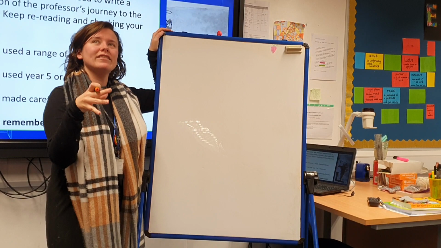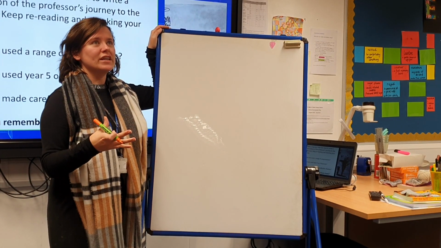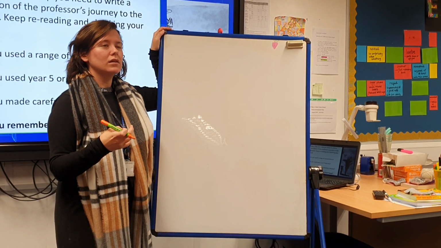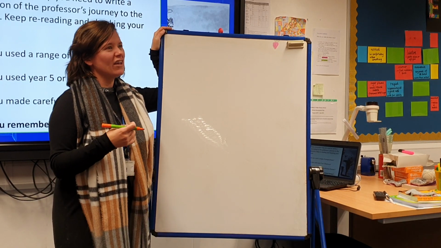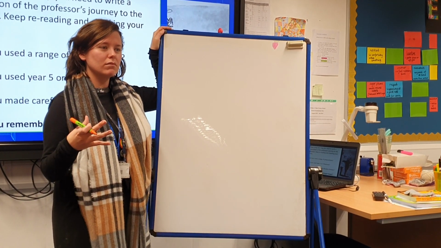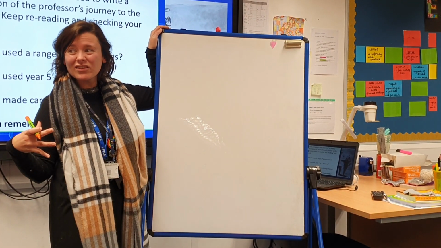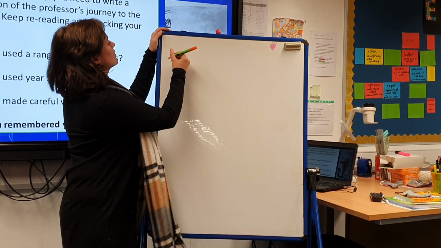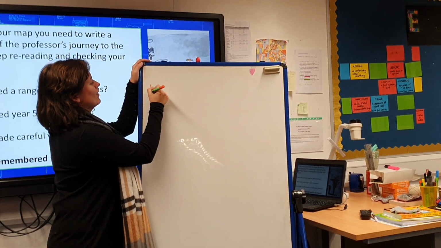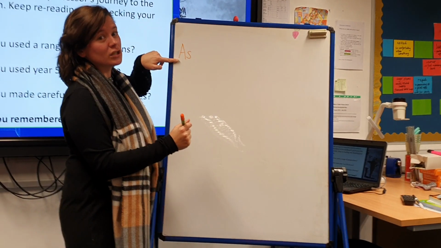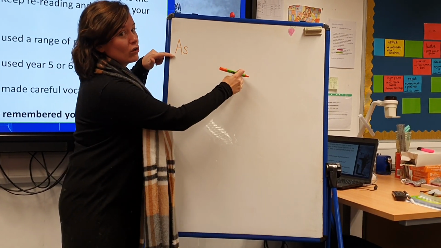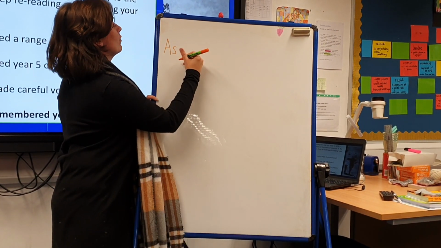So he's leaving the town. So as Manfred, as the journey carried on, as time passed. I like that. As time passed. Capital to start my sentence. This is an as conjunction. It's a subordinate clause sentence. I need my comma to separate my two ideas.